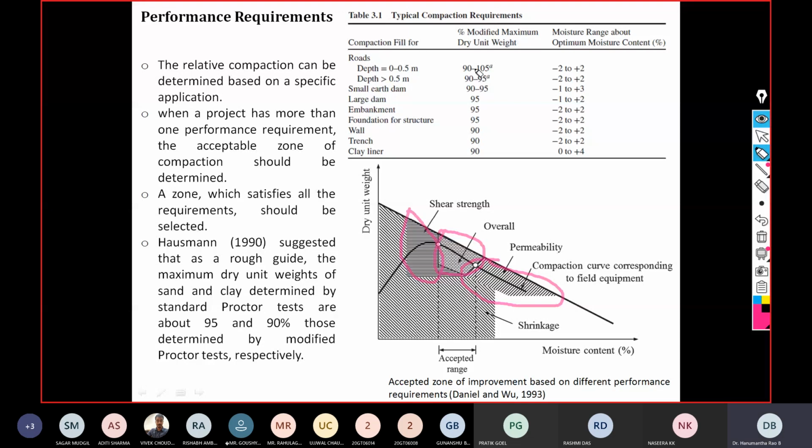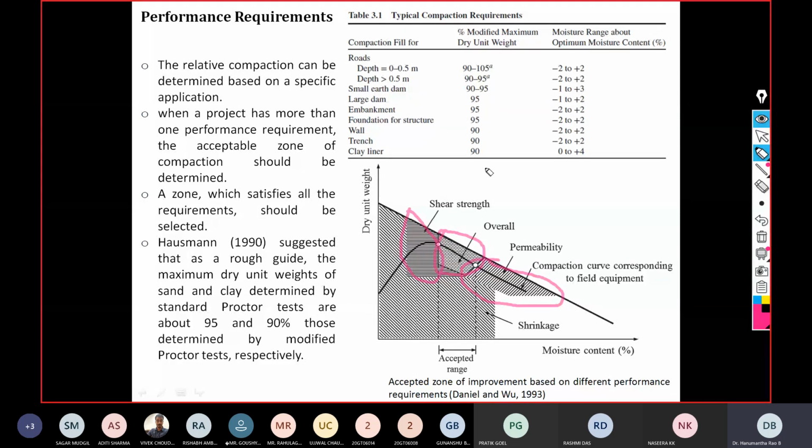And if it is a small earth dam, then again the density range is 90 to 95%, the relative compaction, and the OMC variation is -1 to +3. Similarly, for large dams, embankment, foundation for structures, wall, trench, clay liners, so on and so forth. Here also one thing you can understand.